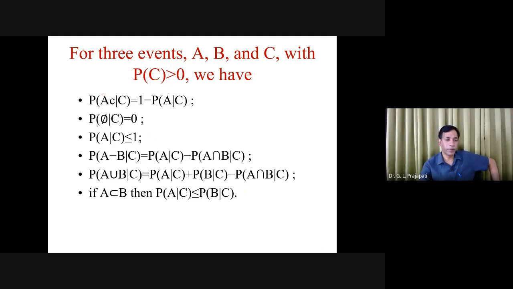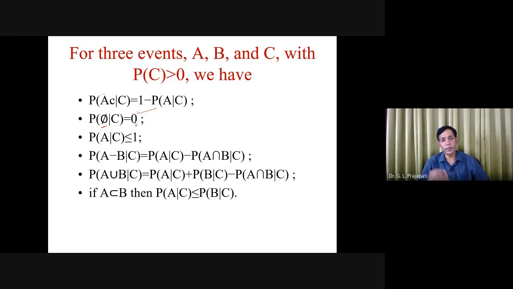Now the probability of the empty set given C is always 0, because the empty set has no outcome. Even the conditional probability is 0. The probability of the empty set given C is equal to 0.